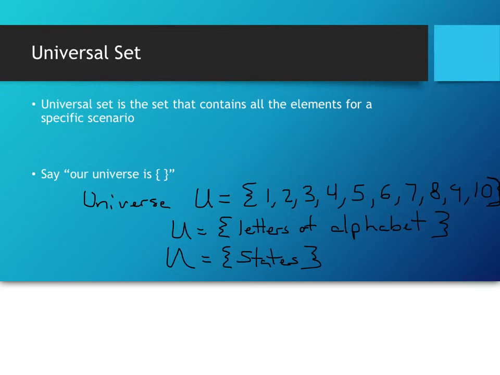And what's important to know is that if we're in a certain universe, if our only elements are the numbers 1 through 10, the counting numbers 1 through 10, then that sort of defines how we're logically thinking about something. All right? And it's important to know when we're talking what the universe is.